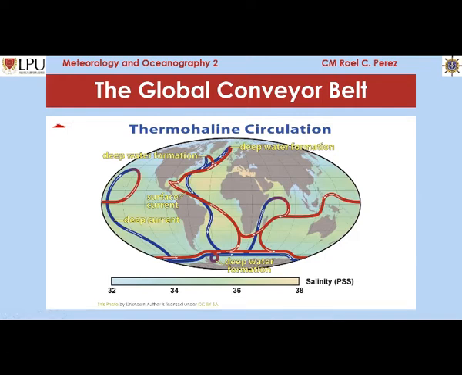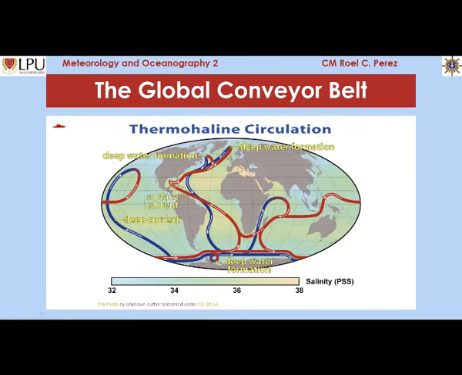And then this deep water formation: when the water is cool, it becomes colder and colder and it freezes. So when it is frozen, the salt remains in the surrounding seas. When the water sinks, this will become a driver to drive the deeper currents, which are in blue color.